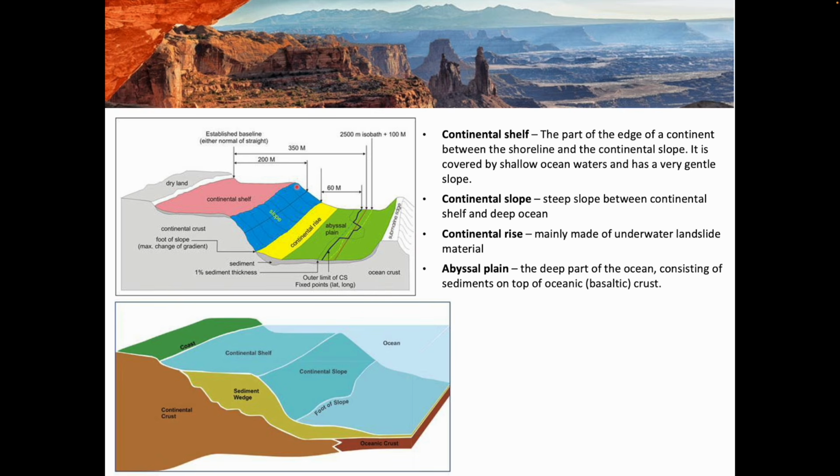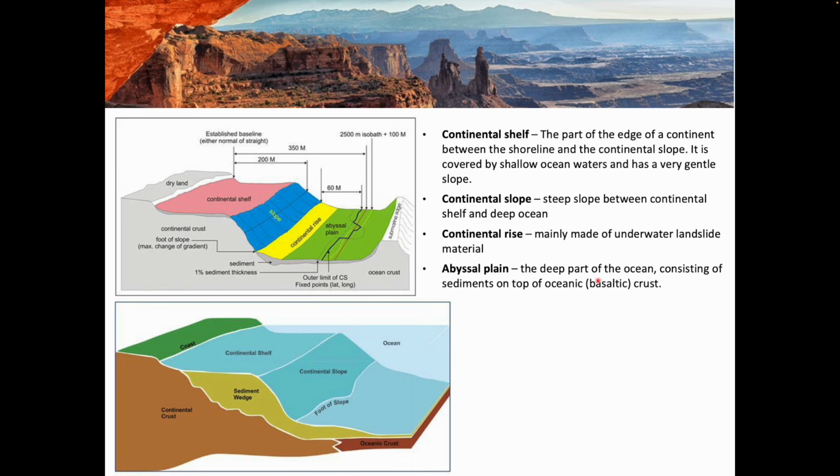Seaward of the continental shelf is the continental slope, where the edge of the continental shelf transitions toward deep ocean waters. At the base of the continental slope, we get the continental rise, which is an area of shallower slopes downslope of the main continental slope that is mainly made of underwater landslide deposits. Below that, we have the abyssal plain, which is the deepest part of the ocean.